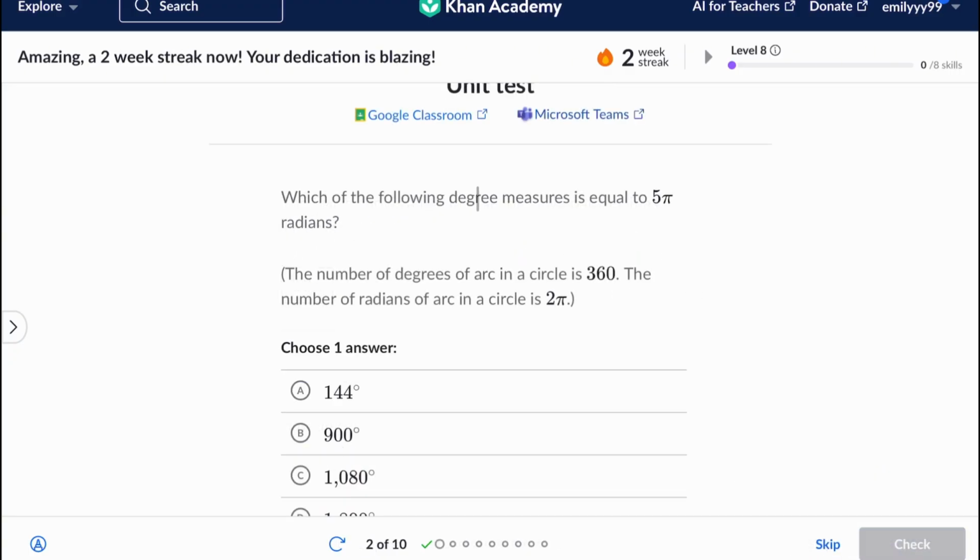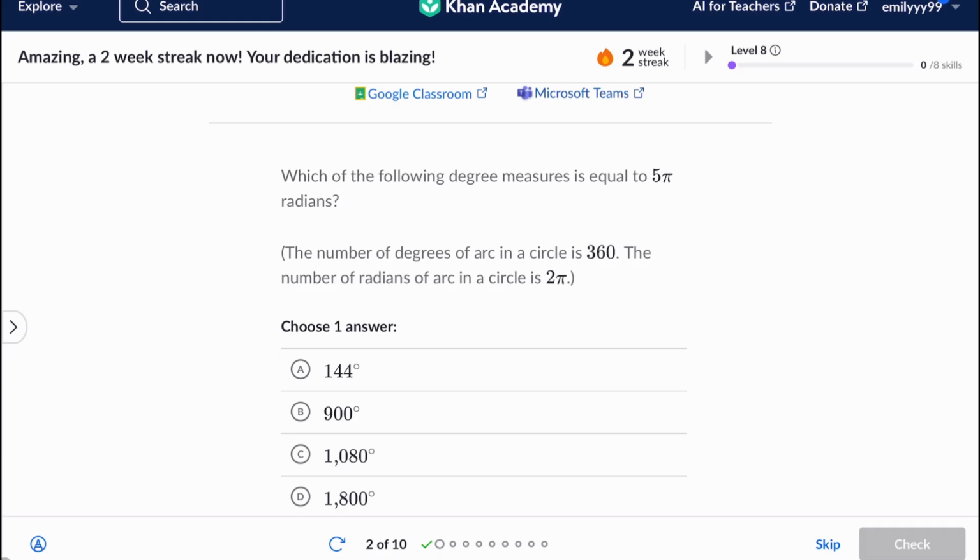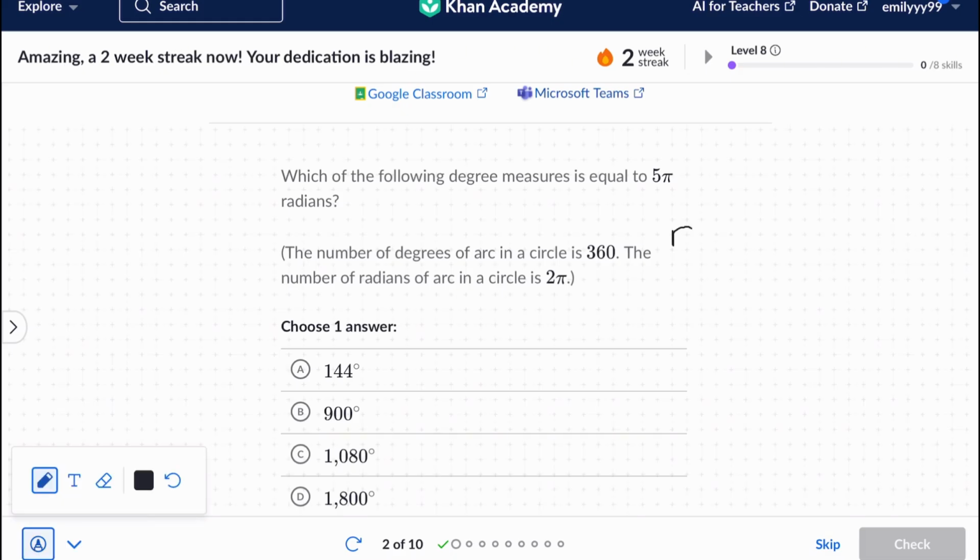Which of the following degree measures is equal to 5 pi radians? Okay, so this is where we're trying to convert radians to degrees. Basically, the way I think of radians is pi and a number, and then we're trying to convert that to a degree.